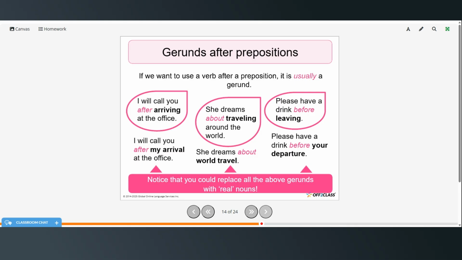She dreams about world travel. Please have a drink before leaving. Please have a drink before your departure. So you notice, though, that using the actual nouns sounds a lot more formal than using the gerunds. So in spoken English, we will probably use gerunds more often in these situations.